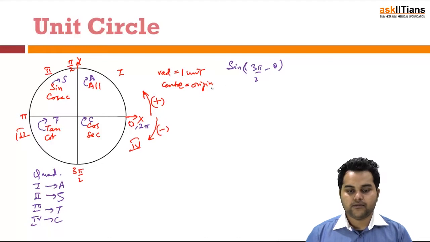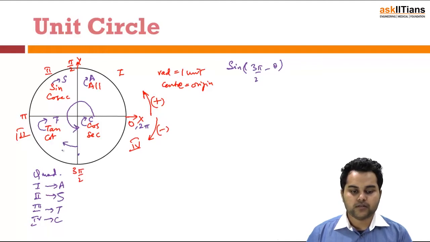Then 3 pi by 2 is this, so I'll move in the anti-clockwise direction, 3 pi by 2 positive, and then minus theta, so that will be clockwise, negative, and here the angle would lie.